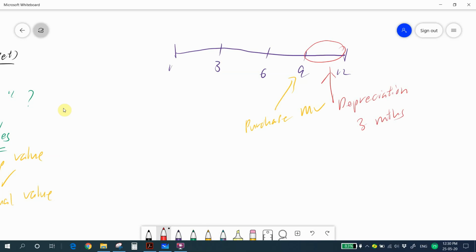Why? Because you only use it for 3 months. For the rest, can you still charge the depreciation? No, you are not advised to charge the depreciation for the period that you are not using the asset. So this concept we call pro rata. We charge the depreciation only when we use the asset.